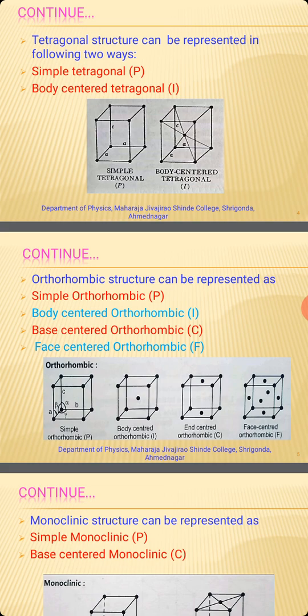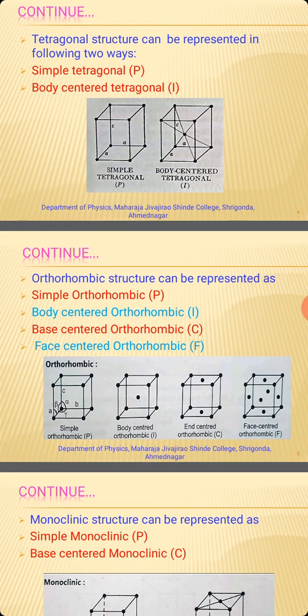Base-centered orthorhombic is also called end-centered orthorhombic. As I have already mentioned, simple orthorhombic is represented by capital P, body-centered orthorhombic by I, end-centered orthorhombic by C, and face-centered orthorhombic by capital F. Therefore, the orthorhombic crystal structure has four types of Bravais lattices as shown in the figure.